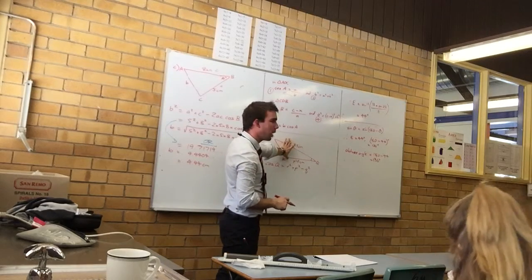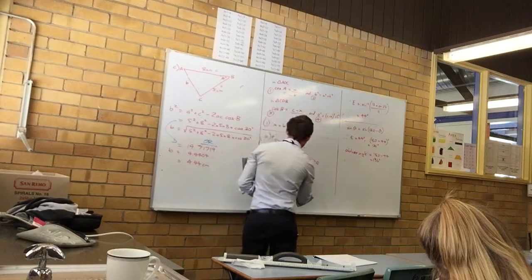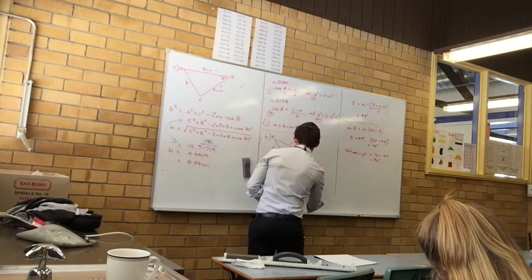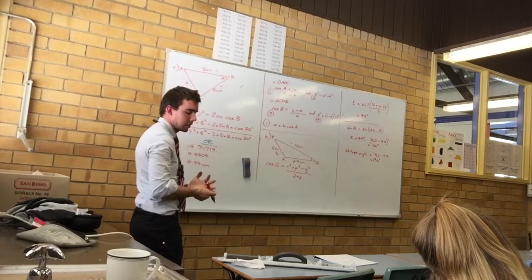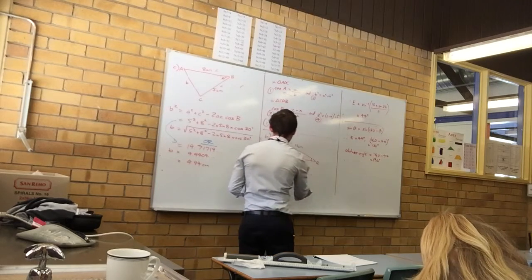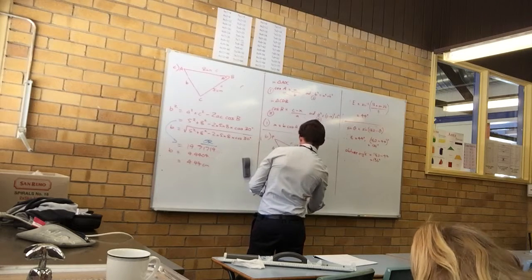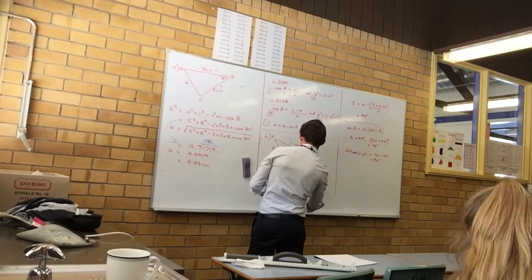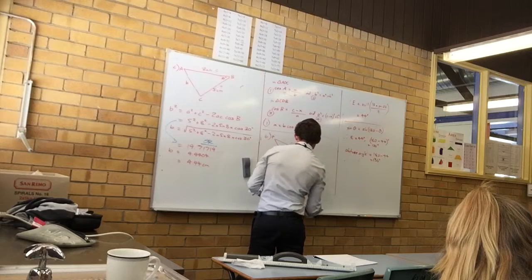The two adjacent sides, the sum of the squares, and then take away the opposite squared, over 2rp. 2 times the product of the two adjacent sides. So 15 squared plus 10 squared, take away 6 squared, over 2 times 15 times 10.